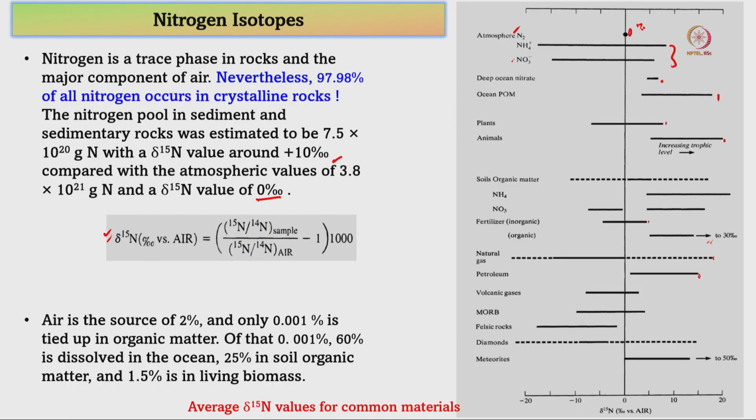Petroleum reservoirs have this kind of 15N value, volcanic gases have this kind of value, MORB has this kind of signature. This is that of felsic continental rocks. Diamond again has a huge variability, while meteorites can have this variability, moving towards more and more positive side, that means an extremely stable form, with very high δ¹⁵N values.